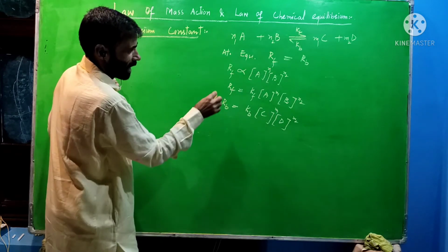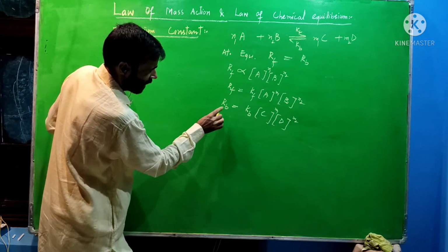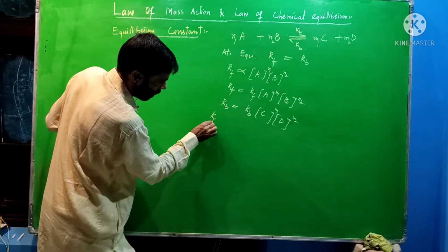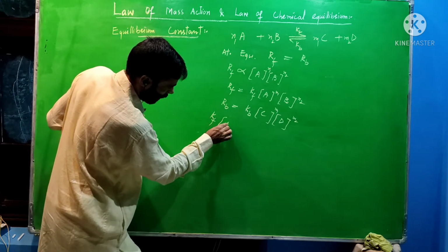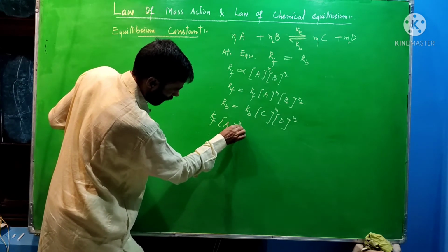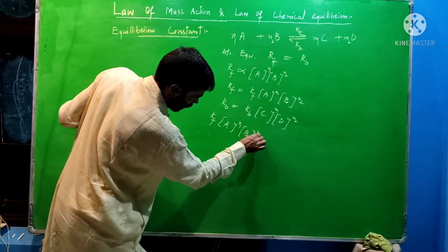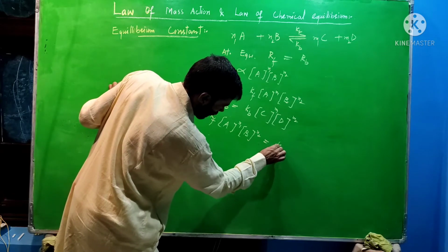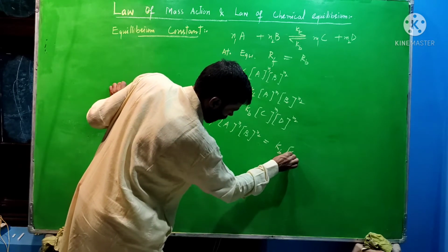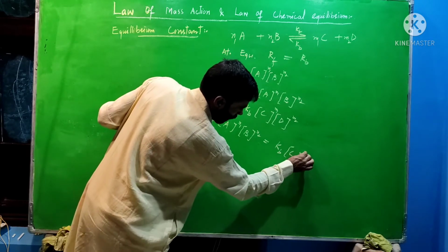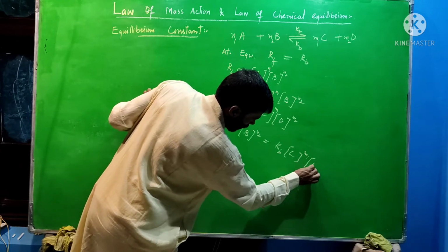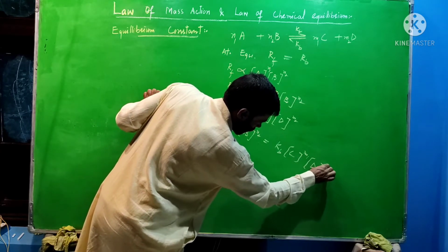Now applying this equilibrium condition, we can say Kf [A] raised to the power n1 into [B] raised to the power n2 is equal to Kb [C] raised to the power m1 into [D] raised to the power m2.